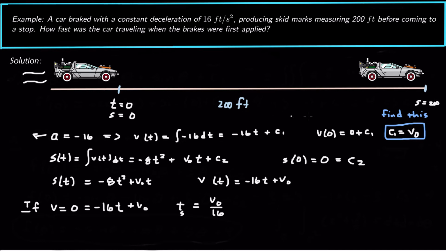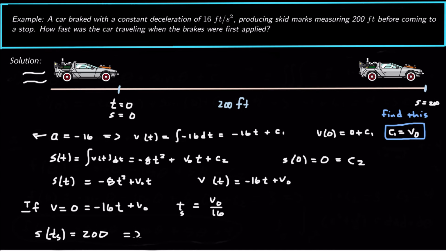Now, we know the position after this many seconds. How can I get v0? Well, I take this time to stop and plug it into s and set that equal to 200. s of TS should be equal to 200.